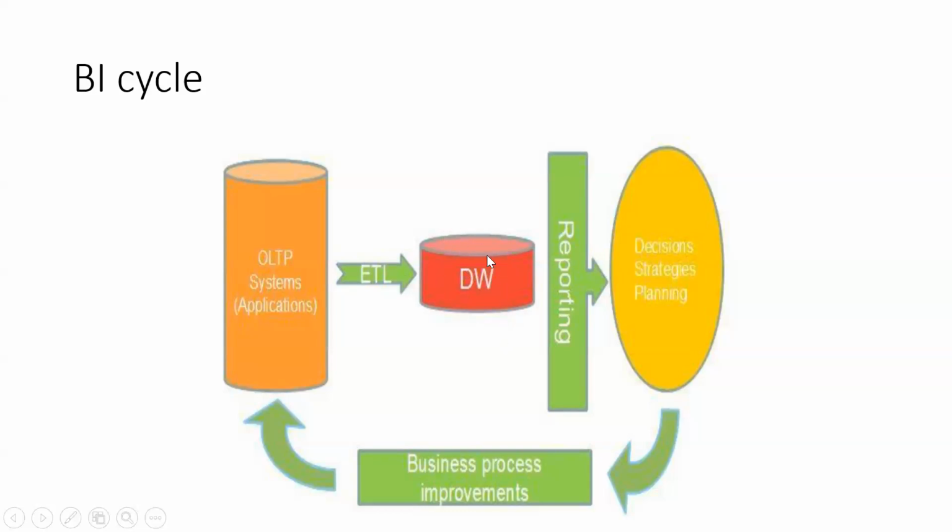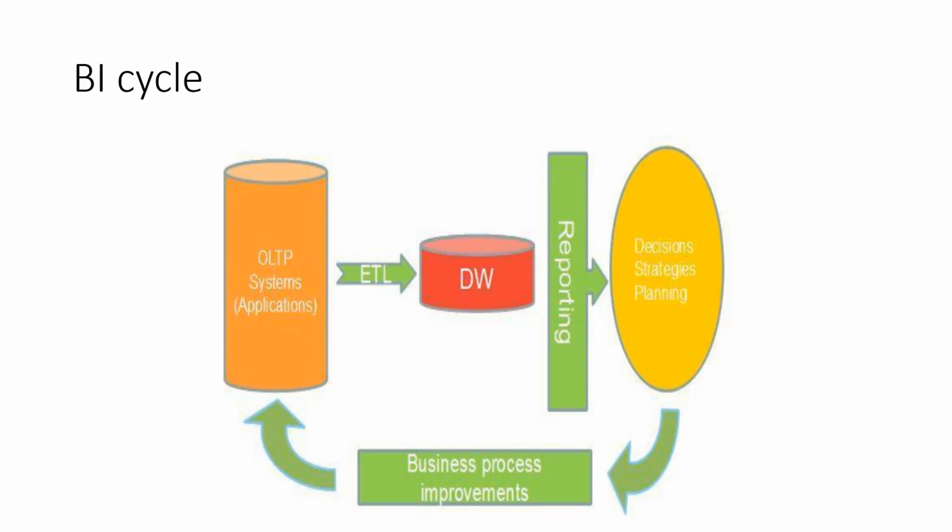Okay. So when our data warehouse is ready, the reporting team or the visualization team will be creating charts and graphs on top of dashboards. Okay. So when the dashboards are live, then the end users or the strategy makers from the client team will be checking those dashboards and they'll take the decisions.